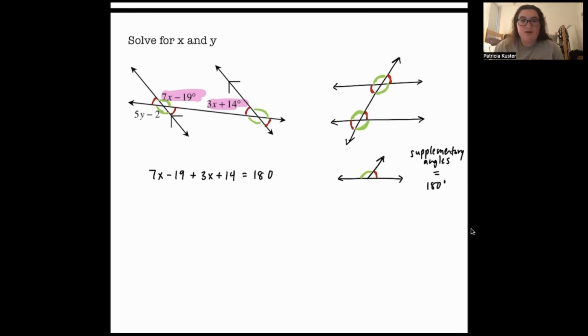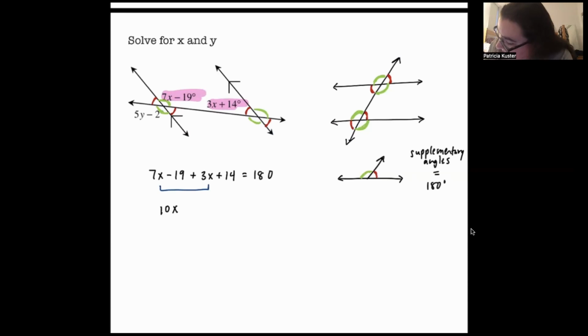So now for algebra, when you're solving for x, your first step, if there are no parentheses, is to combine like terms. So you take the terms that have x and you add them together. Here I see that we have 7x and 3x. So together, those make up 10x.